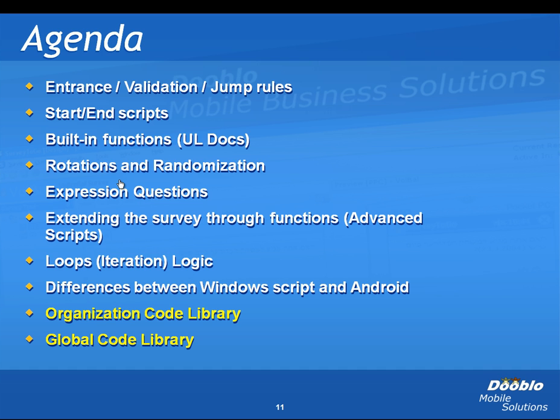Finally, code libraries can be used to share scripting code throughout surveys. While the functions mechanism is a shared functions library of a survey, the organization code library allows you to write functions that will be accessible from all surveys.